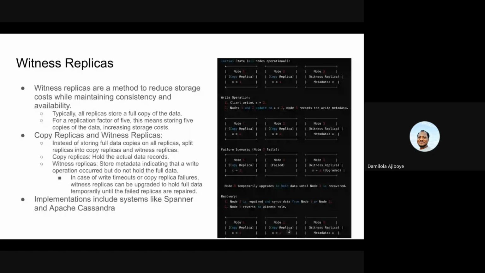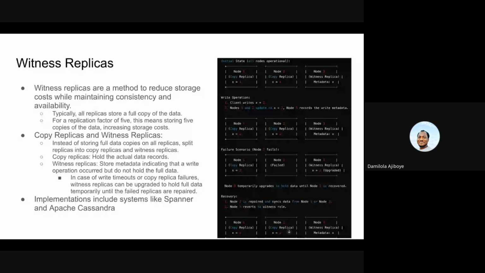So witness replicas. This is a way to reduce the storage cost in these systems that we've been discussing, where we have replicas. If you have, maybe, 100 replicas, it's expensive to have every replica storing a copy of the data.